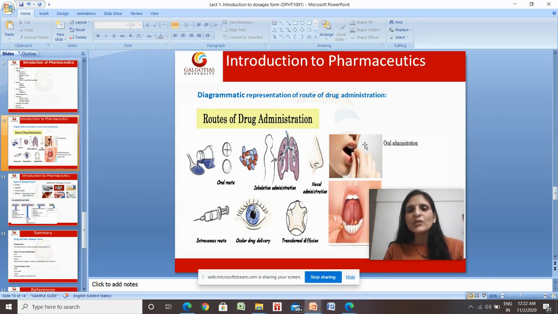These are oral route, that means in the mouth cavity, and next is sublingual route. Sublingual route is under the tongue. When we place any tablet, capsules, lozenges under the tongue, this is sublingual route.